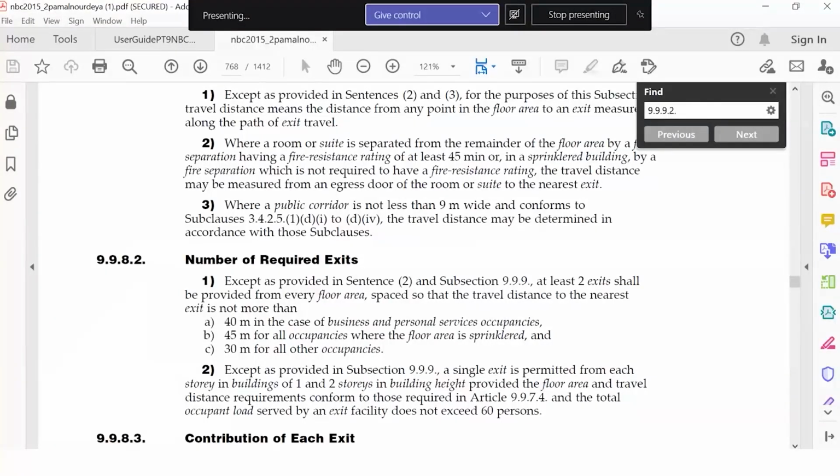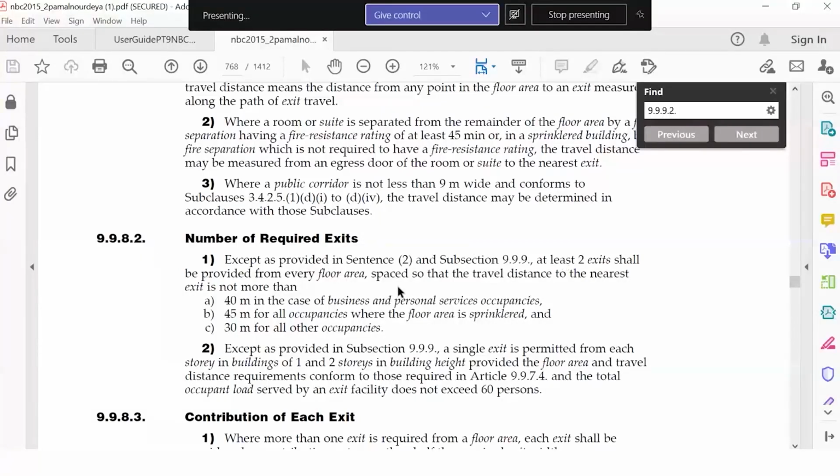If the entrance is designed as an exit, you measure it to the exit door, in this case the exterior door. So it would be the door itself, not the area that leads towards that door. Okay. Thank you.